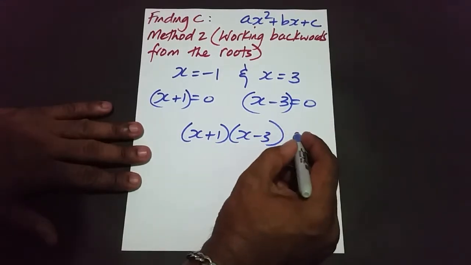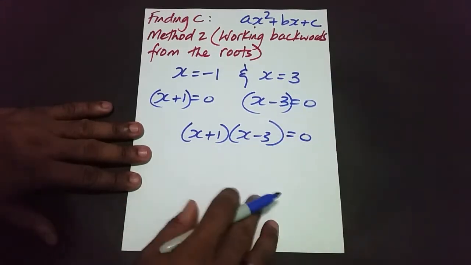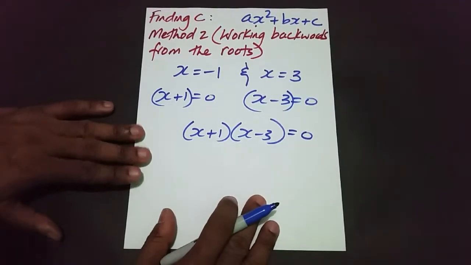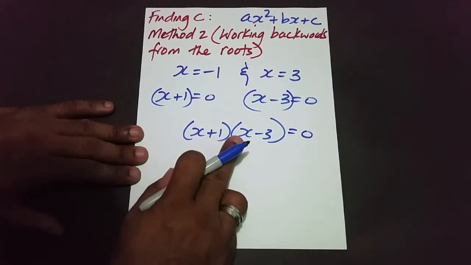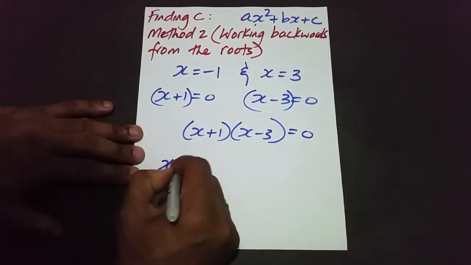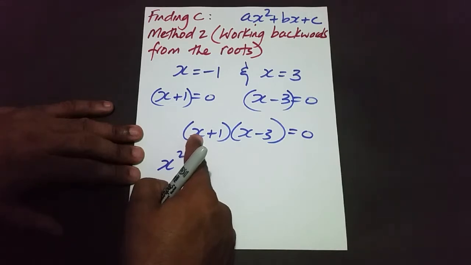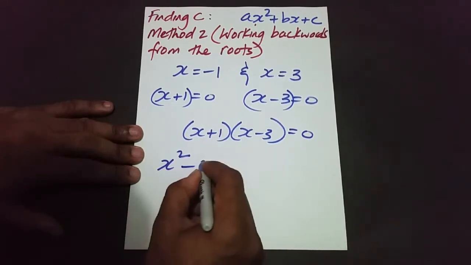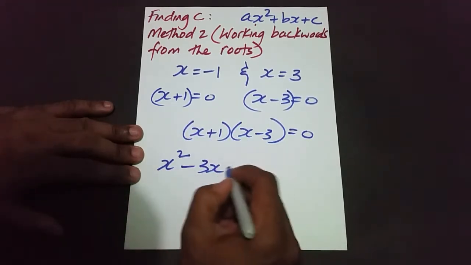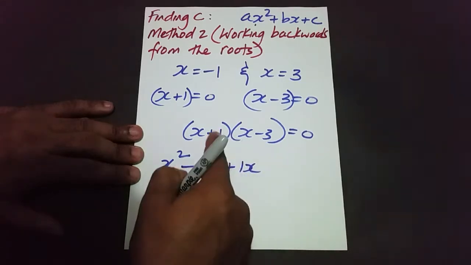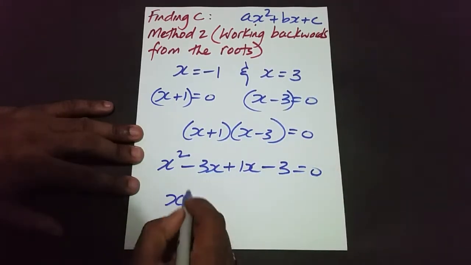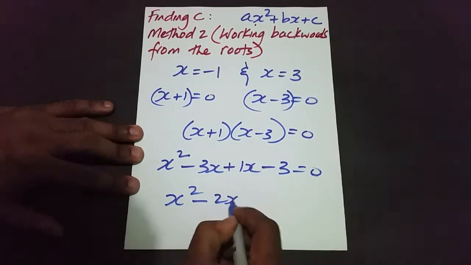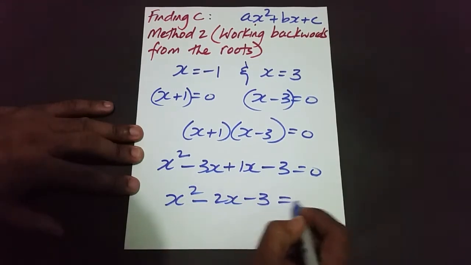So when we get to that point, I'm going to make sure that I emphasize that. So x times x is x squared. x times minus 3 is minus 3x, positive 1 times x is positive 1x, and 1 times minus 3 is minus 3. So x squared minus 2x minus 3 equals 0.